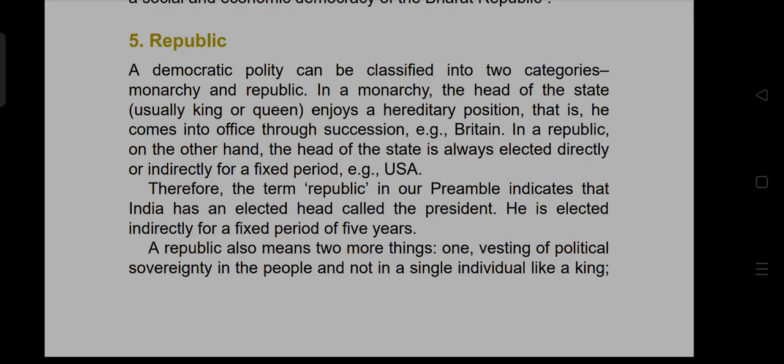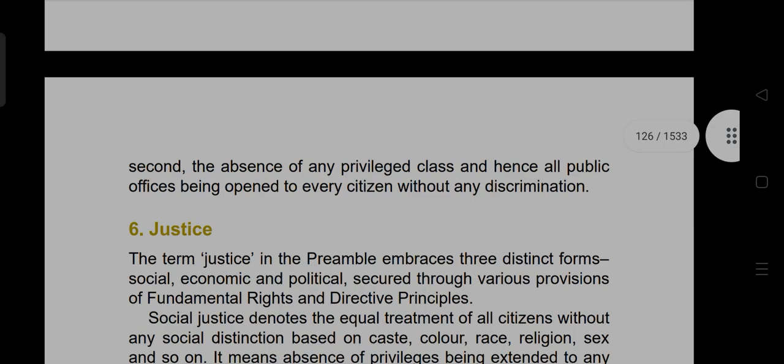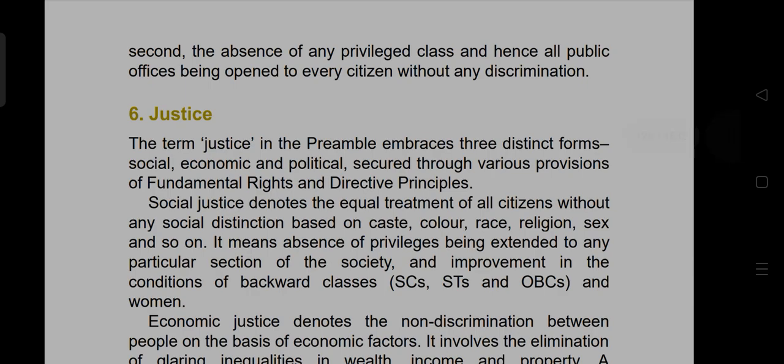Therefore, the term republic in our preamble indicates that India has an elected head called the President. He is elected indirectly for a fixed period of 5 years. A republic also means two more things. One, vesting of political sovereignty in the people and not in a single individual like a king. Second, the absence of any privileged class and hence all public offices being open to every citizen without any discrimination.